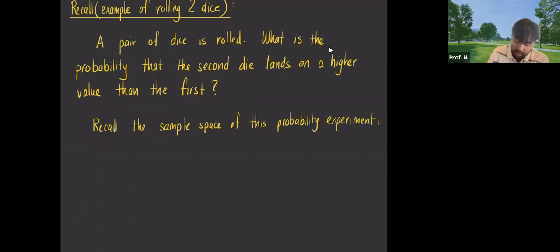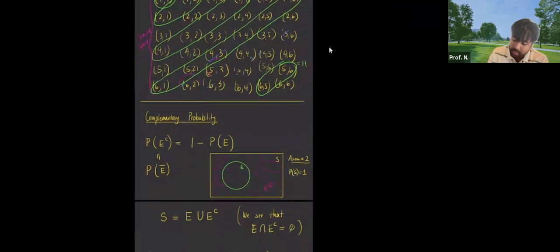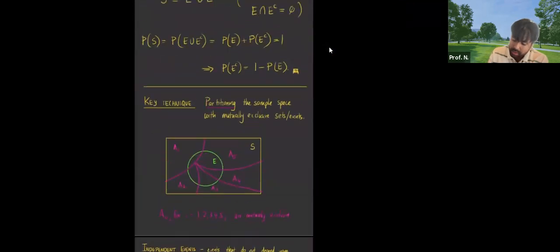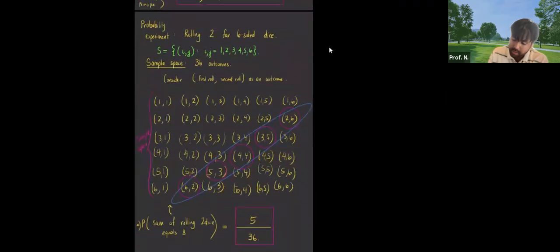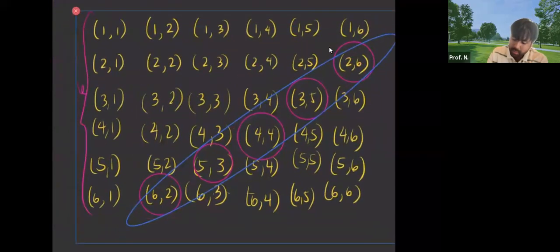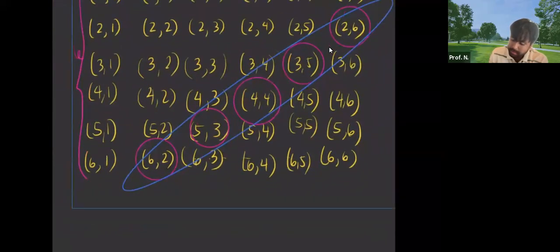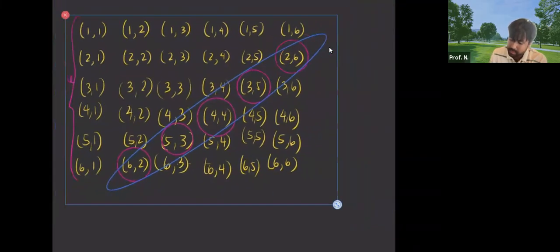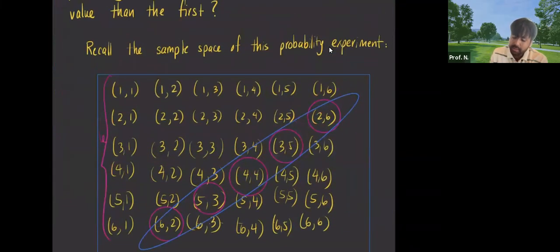And if you guys recall, I'm going to see if I can replicate this really quick. So I'm going to copy this. Boom. Hold on, make it smaller. This is the sample space, right? That little chart.